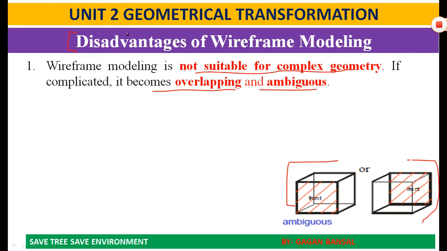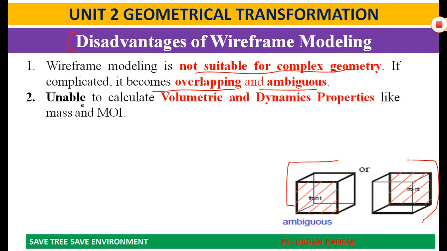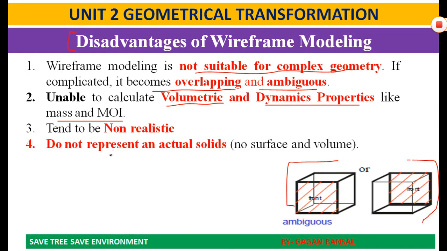So why does the wireframe model have certain disadvantages? Because of its ambiguous nature. Unable to calculate volumetric and dynamic properties like mass and moment of inertia. Tends to be non-realistic, and it does not represent an actual solid, no surface and volume.